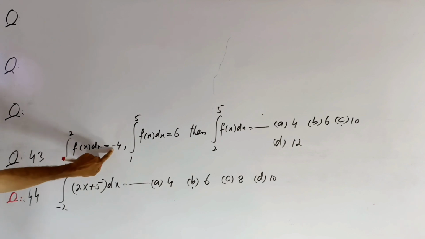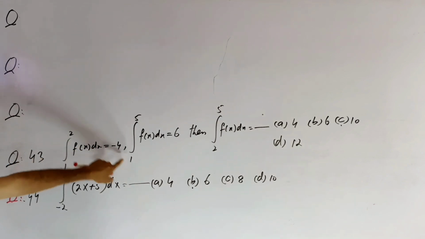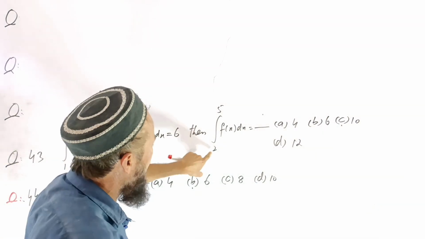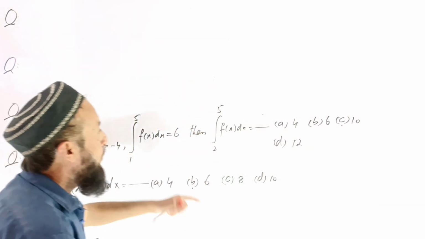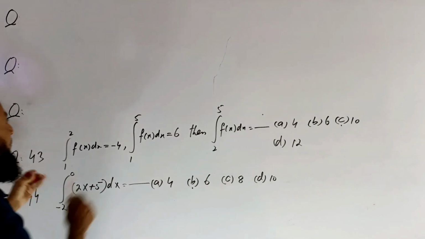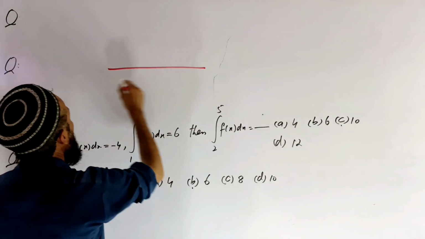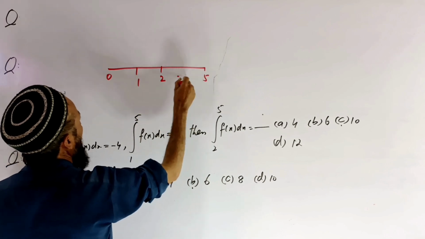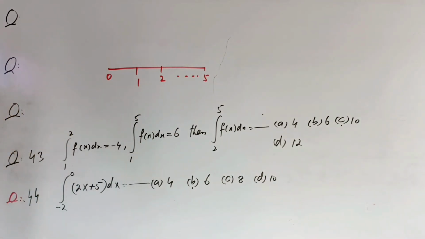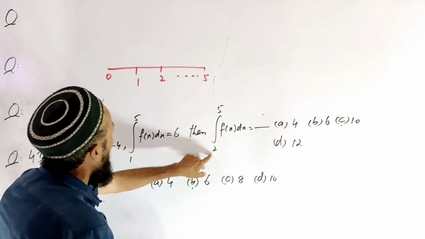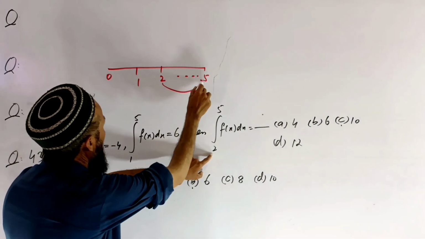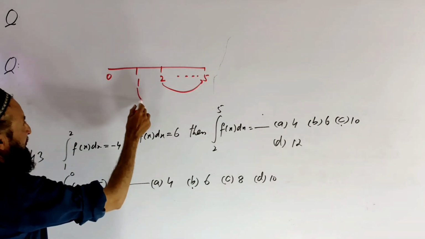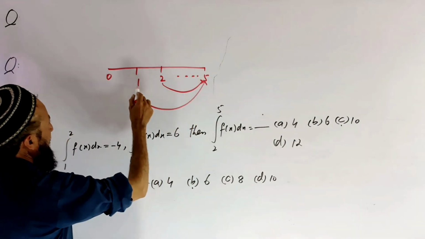The integral of f of x dx from 0 to 1 is given as minus 4, and the integral from 1 to 5 of f of x dx is equal to 6. Then we are finding the integration between 2 and 5. What is the result? The limits are given here: 0, 1, 2 and 5. First of all we require 2 to 5. This limit is required in the given question, but first we find from 1 to 5 and subtract this area.